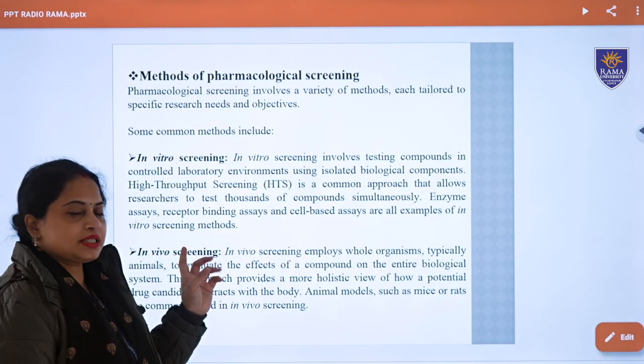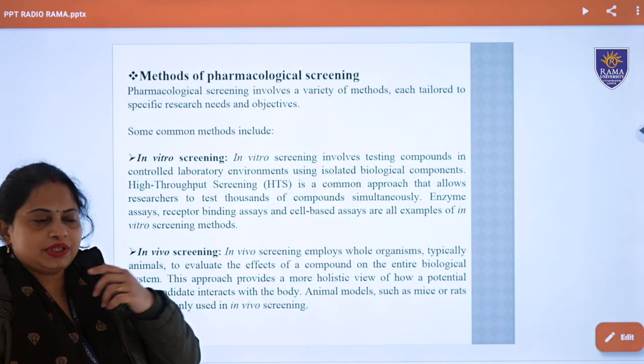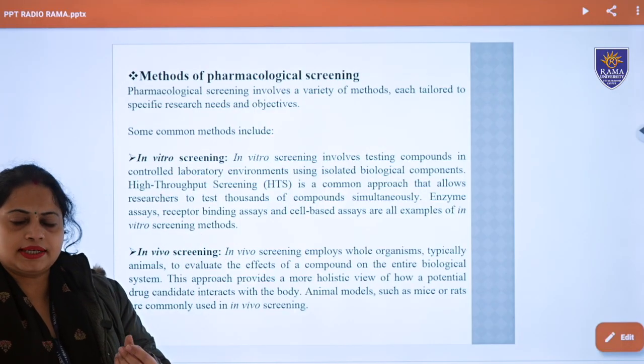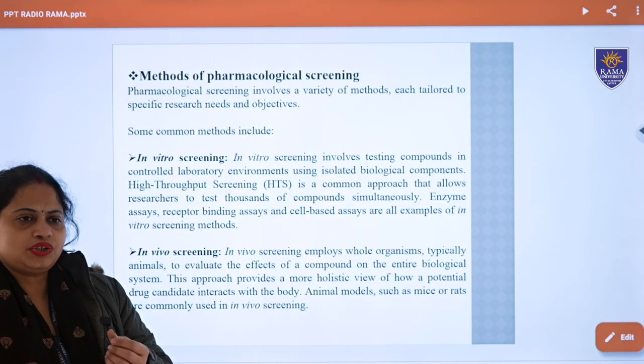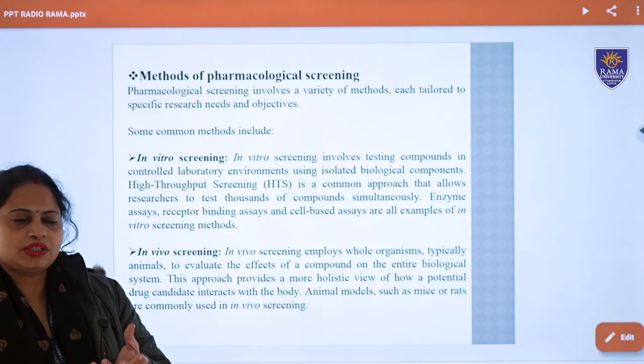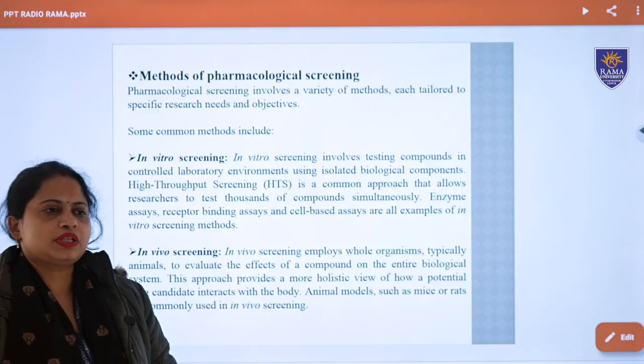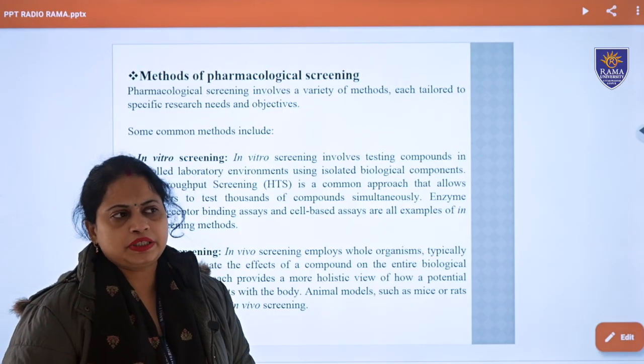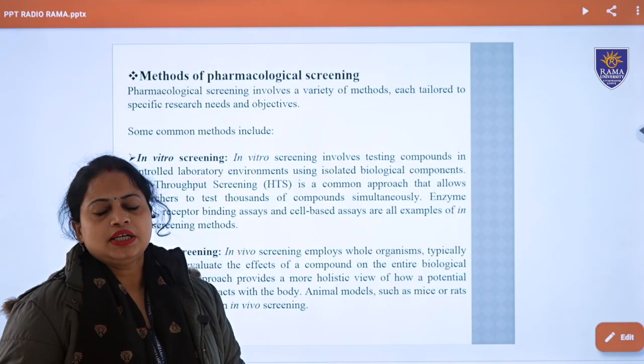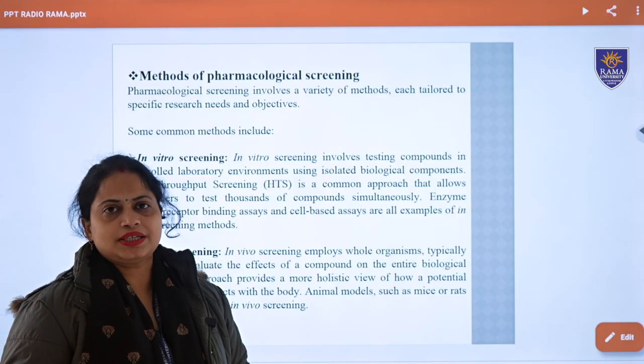For example, suppose one anti-cancer drug is developed, we have to use different models like in vitro and in vivo models. In the in vitro case, we are using cell lines.